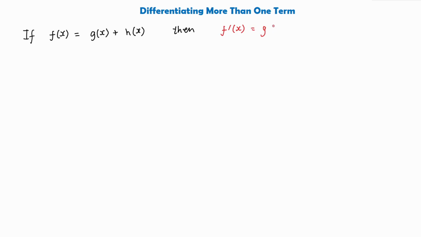So we differentiate the first part, and then we differentiate the second part. So to state this simply, we're just differentiating each term separately.